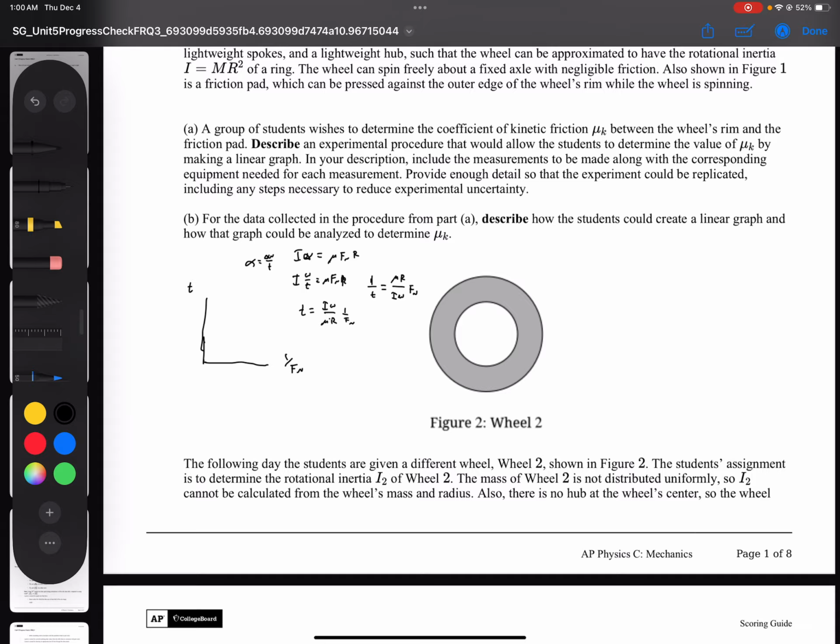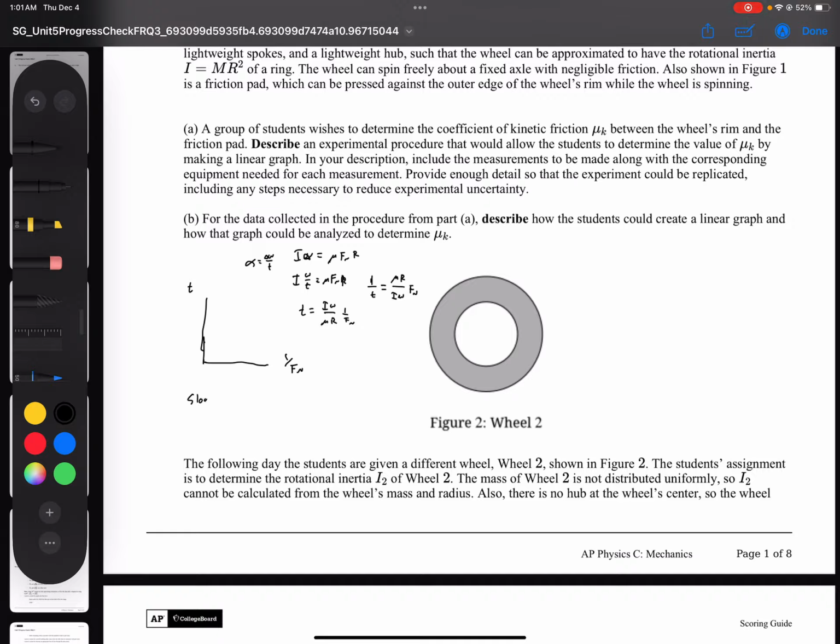going to be proportional to, because all these other values are constant, the moment of inertia. We're going to hold the angular velocity constant, and then the radius doesn't change either. So in this case, it's asking to describe how the graph can be analyzed to determine mu sub k. So for this kind of graph, the slope would equal I omega over mu times r.